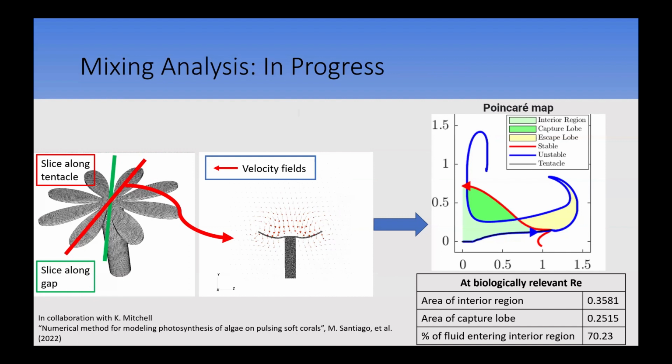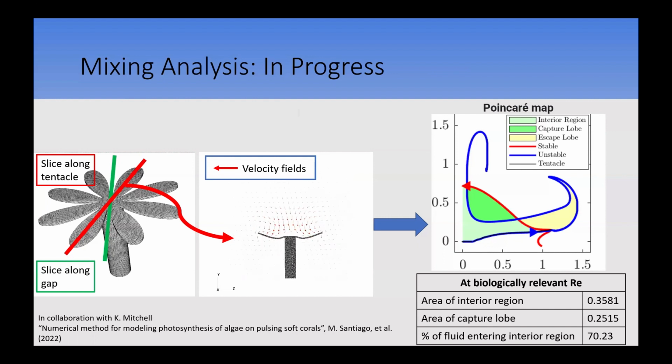We start by looking at our stable and unstable manifolds, so these red and blue lines. If a fluid particle starts along the stable manifold, it will be pushed towards the coral. But if a fluid particle starts along our unstable manifolds, so this blue line, it ends up being pushed away from the coral along this path. We can use these manifolds then to create our capture and escape lobes, where the capture lobe tells you how much fluid is brought into our region of interest near the coral, so how much fluid is captured.